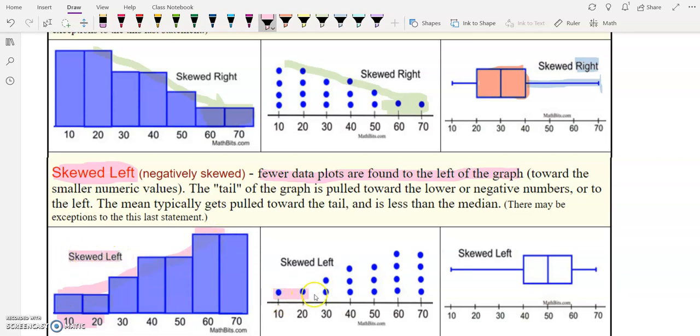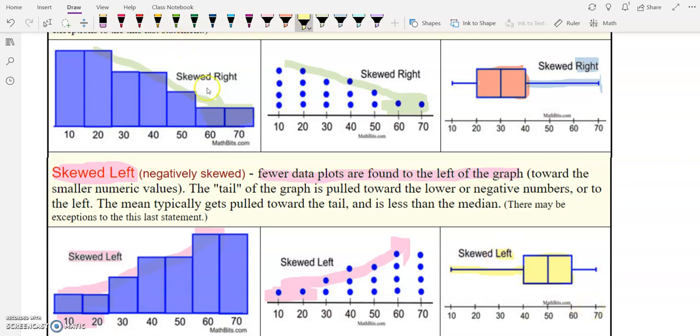The dot plot looks very similar to the histogram, very low on the left side, and then also increasing to the right side. Now, checking out this skewed left box plot down here, notice the box is on the right, and then there's this long whisker to the left. That's skewed to the left.